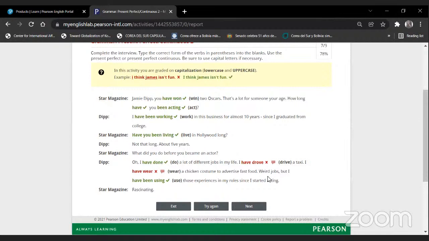And the other, I have, yes, both are okay with present perfect, but the mistake here is the verb, right? So what is the word? Yes, here, driven.